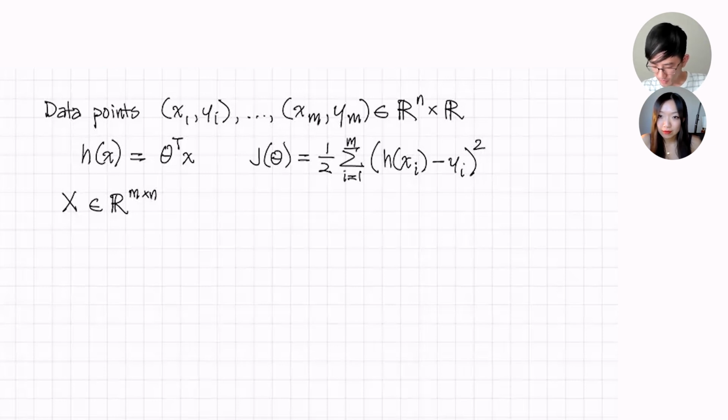And y could be the vector of all m labels. Then there's a closed form in terms of X and y that tells you exactly, with a single formula, what the optimal theta should be.